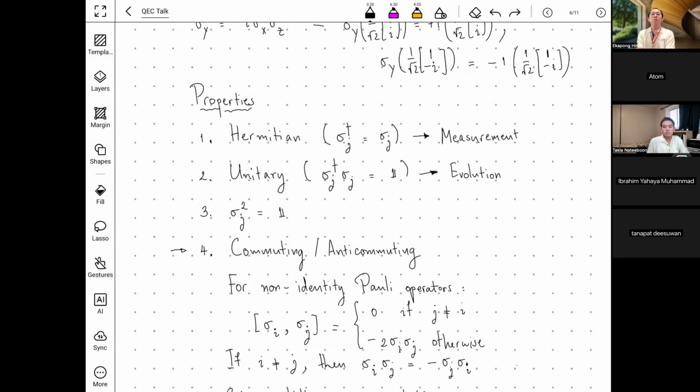Nilpotent means that when you multiply it with itself n times, then it will become identity, and n can be anything, it can be 2 or whatever. But idempotent is n equals 2. So idempotent is a special case of nilpotent.